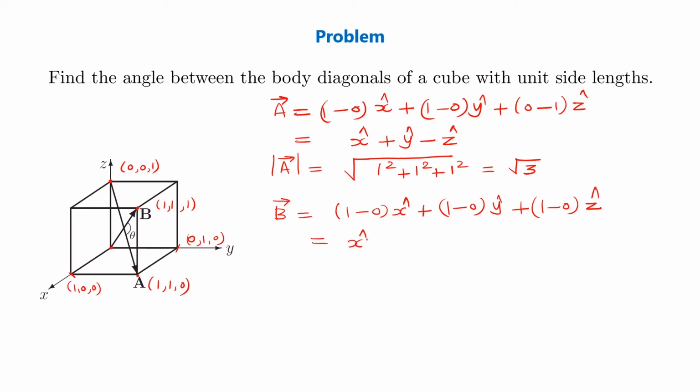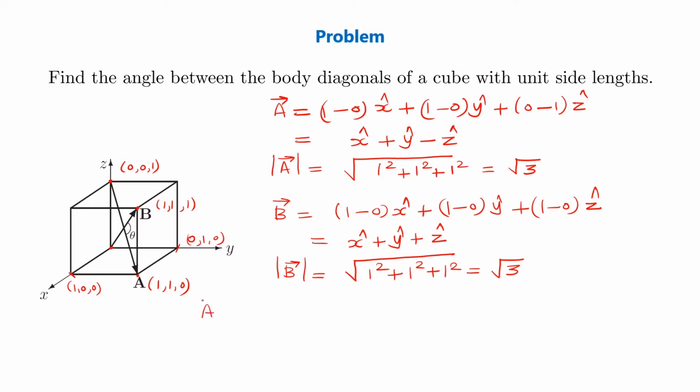This is x hat plus y hat plus z hat, and the modulus of B is equal to the square root of 1 square plus 1 square plus 1 square. So this is equal to the square root of 3.